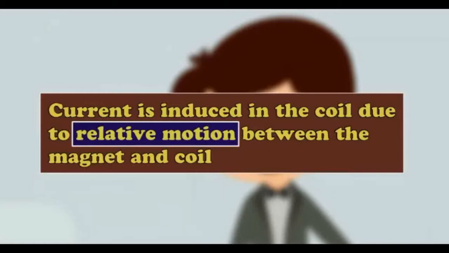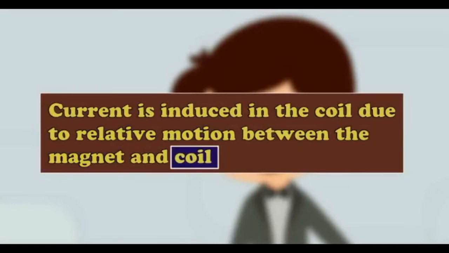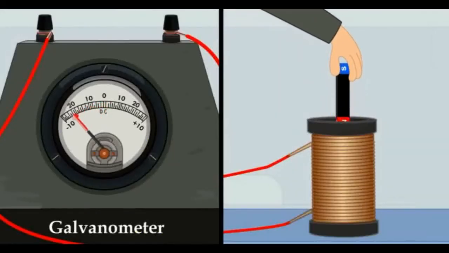So current is induced in the coil due to the relative motion between the magnet and coil. Relative motion means either the magnet is stationary and the coil is moving, or the coil is stationary and the magnet is moving. That is the finding from this experiment.